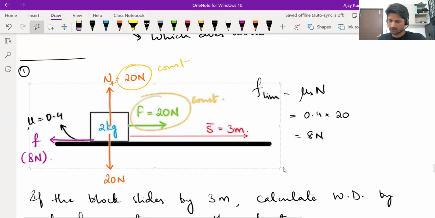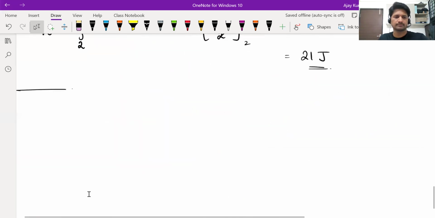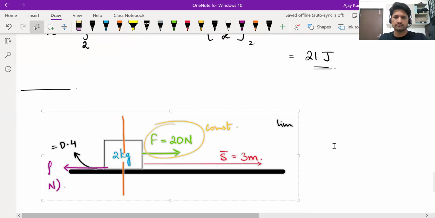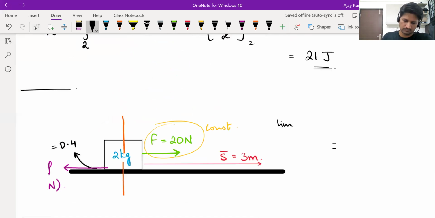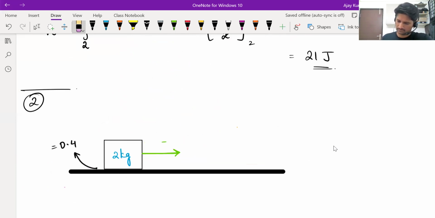We'll take this case of a block being dragged on the floor. Let's consider a small box.